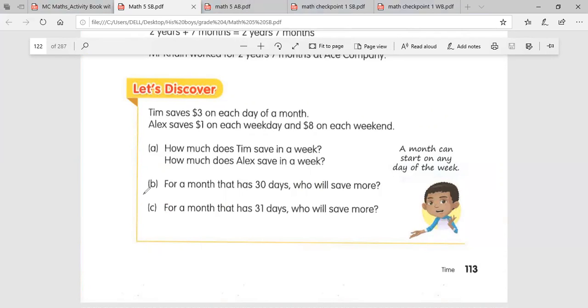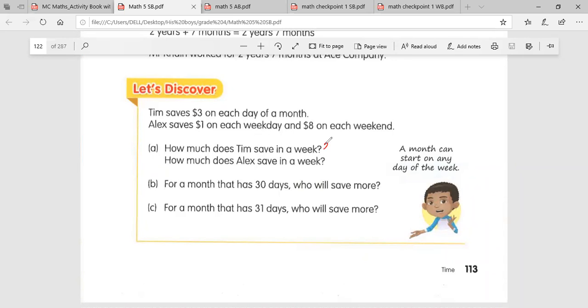Letter A only. How much does Tim save in a week? Every day, today and tomorrow. In 1 week he saved $3 each day.